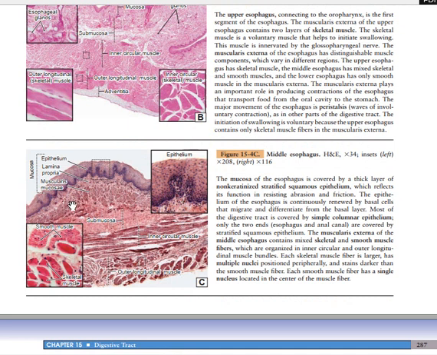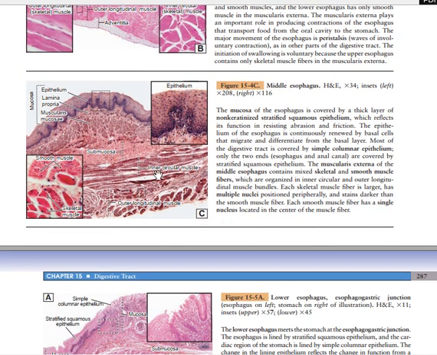Then the next one is submucosa containing blood vessels and also the lymphoid tissues. After that, we have the muscularis externa. The muscularis externa is made up of inner circular muscle and outer longitudinal muscles. Both of them constitute smooth muscles and skeletal muscles.